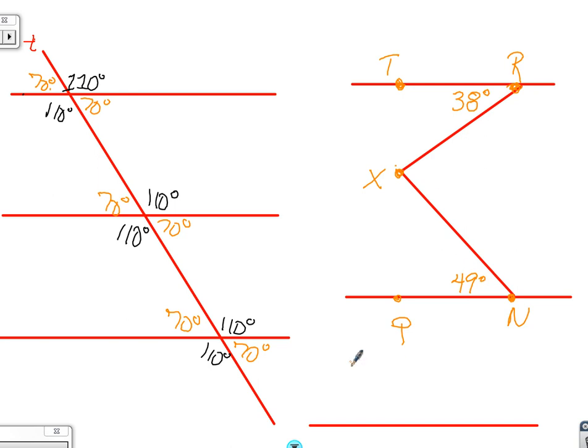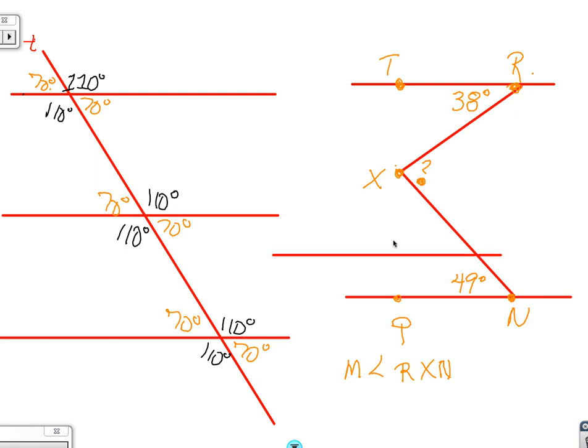What is the measure of angle RXN? So we need to find the measure of this angle right here, RXN.